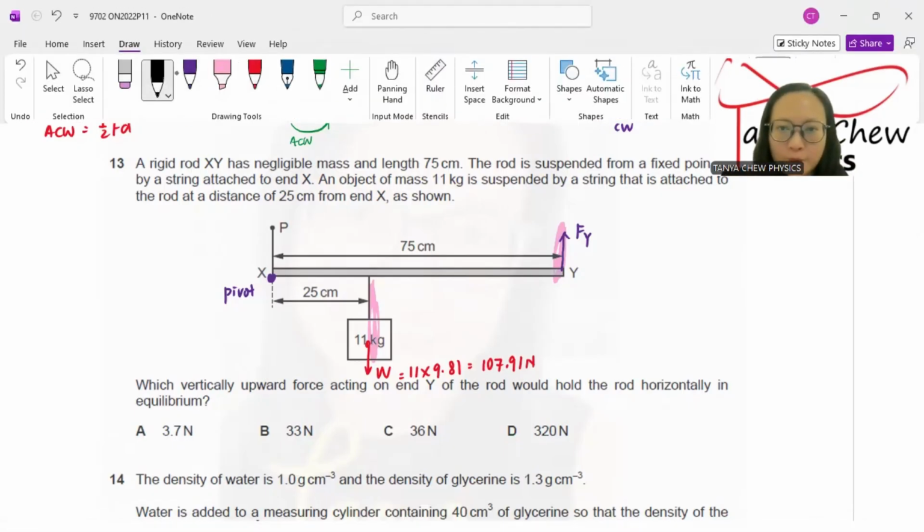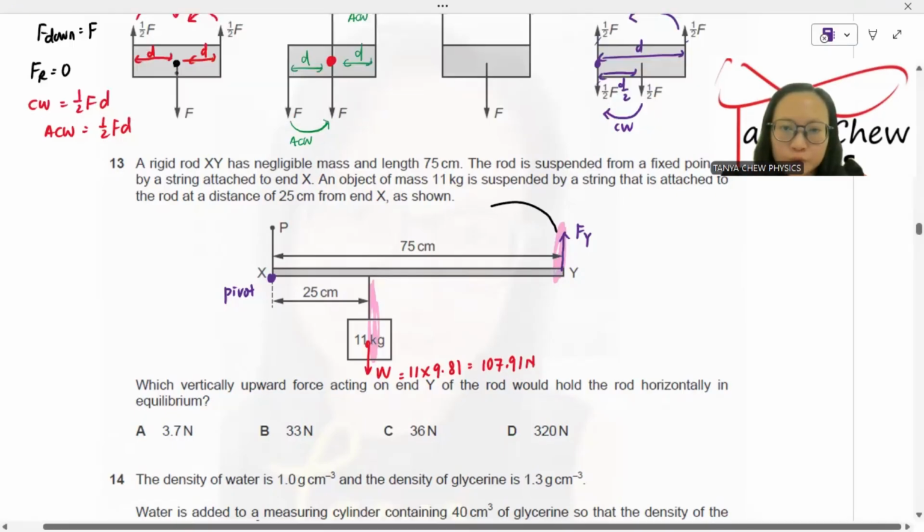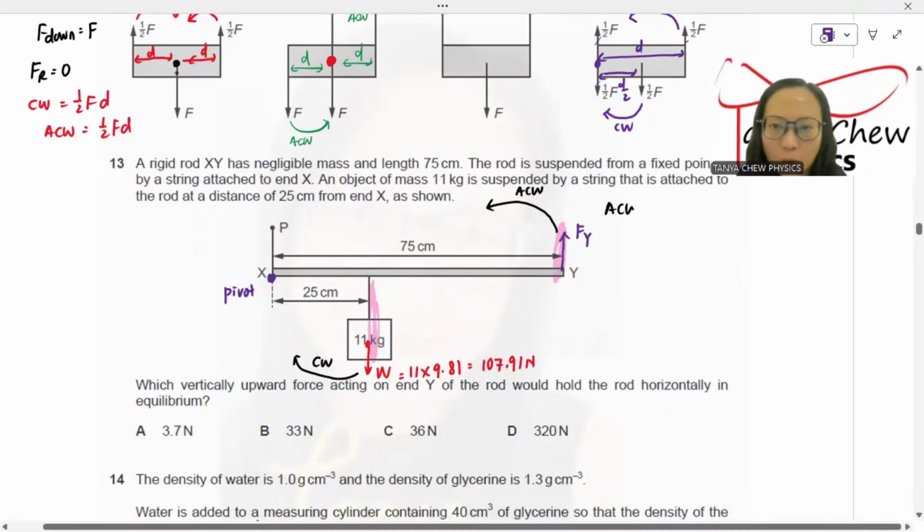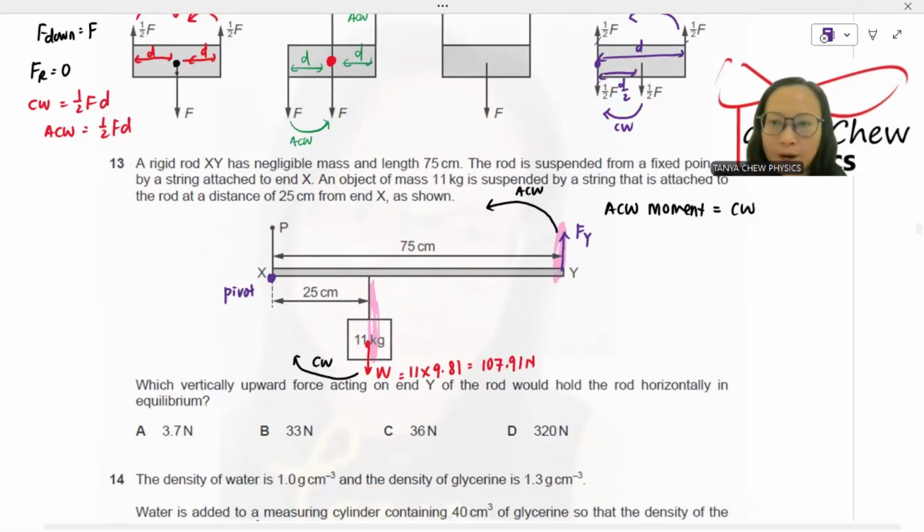Now, Fy going up while turning towards the pivot is called anti-clockwise moment. W, the weight of the 11 kilogram going down while turning towards the pivot, is called clockwise moment. Since the rod must be horizontally balanced and in equilibrium, anti-clockwise moment is equal to clockwise moment.